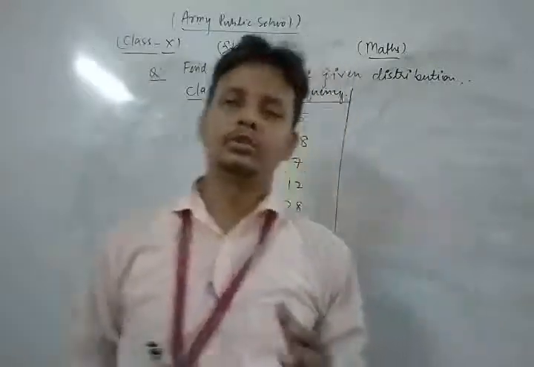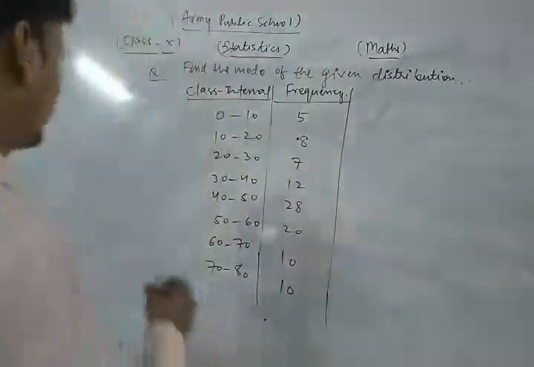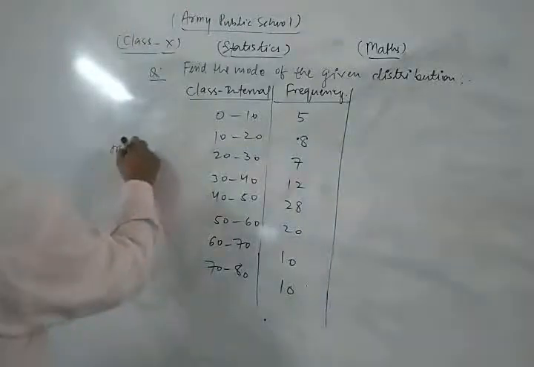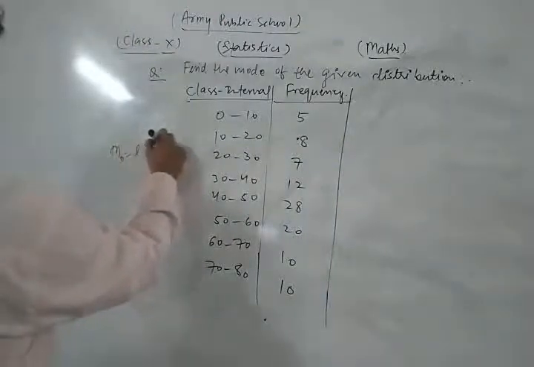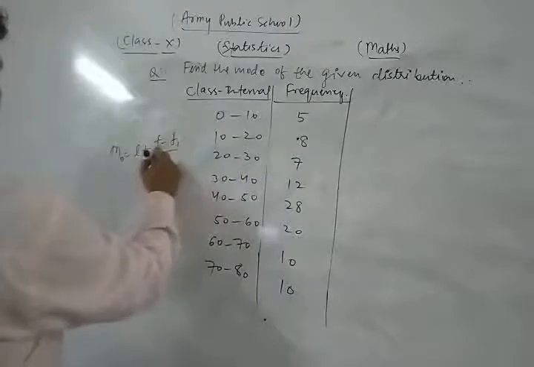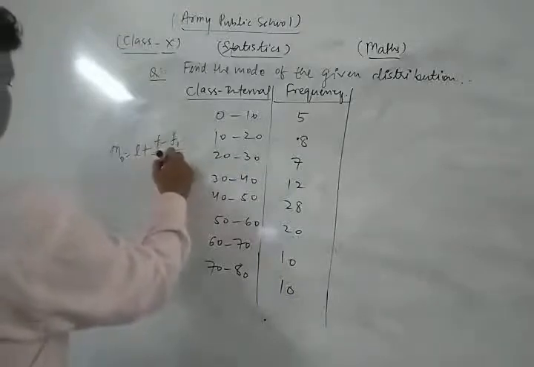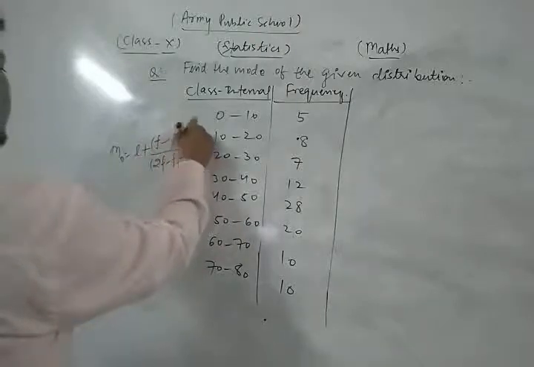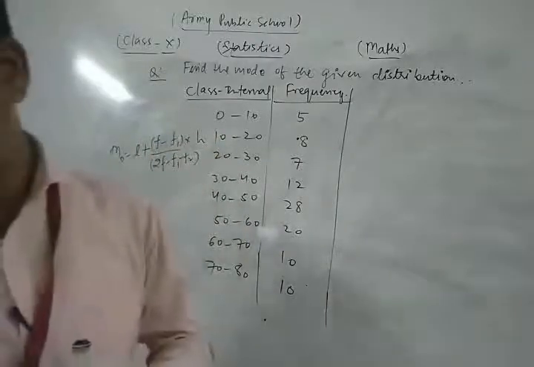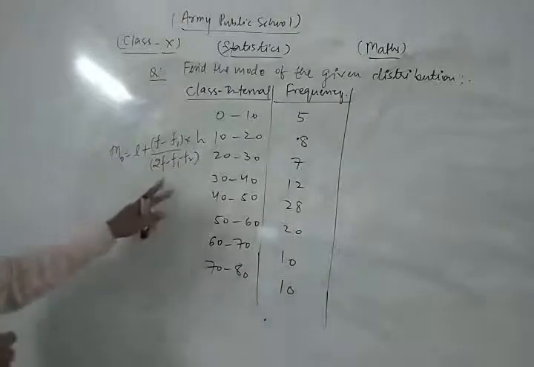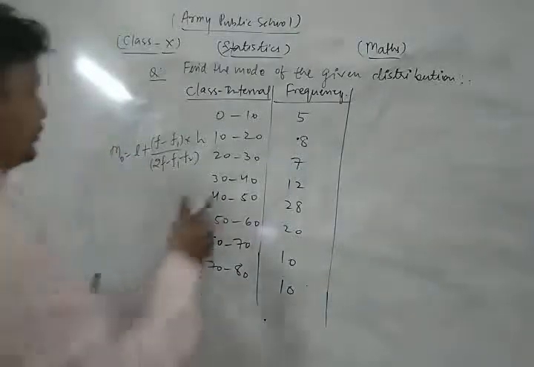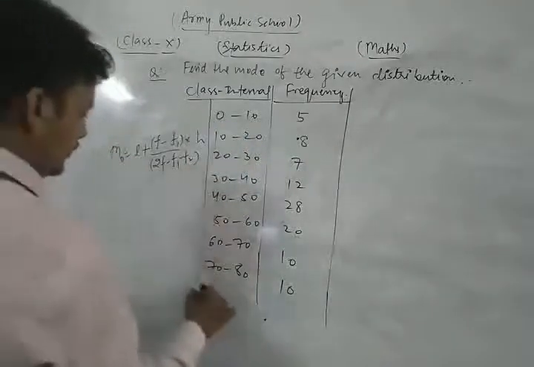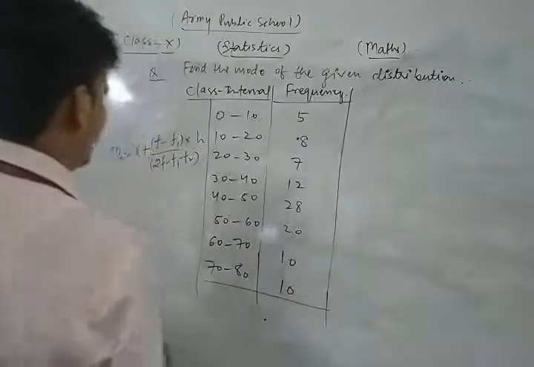And dear students, we know that the formula for mode is l plus f minus f1 upon 2f minus f1 minus f2 into h. This is the formula for calculating the mode of the given distribution.